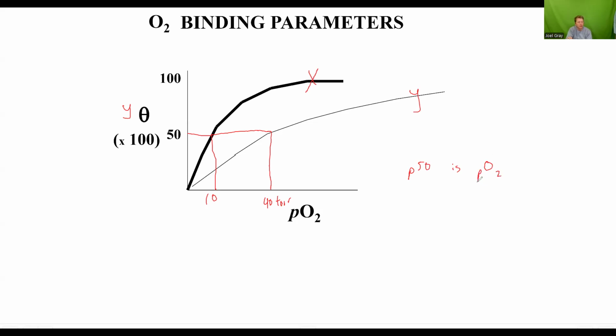You got a vote for Y. Is the PO2 that gets our protein to 50% saturation. Okay, so what we're doing is when we want to determine the P50, we look at the y-axis and basically say, okay, there's the top, here's midpoint, 50%. What is the concentration or what is the partial pressure of O2 that gets these two proteins to 50% saturation?